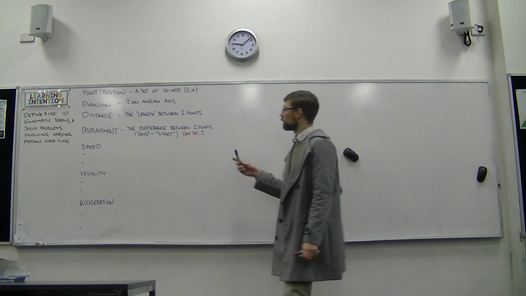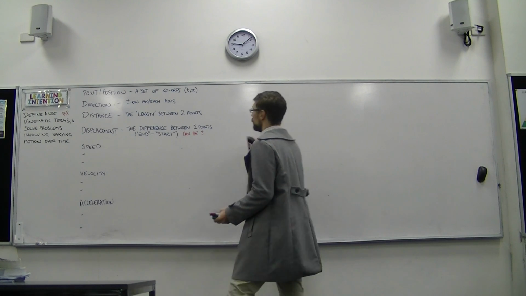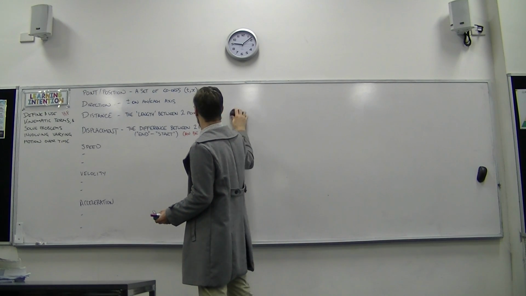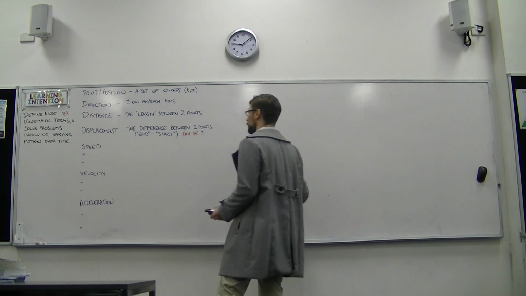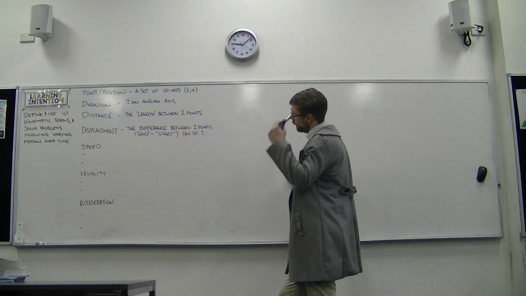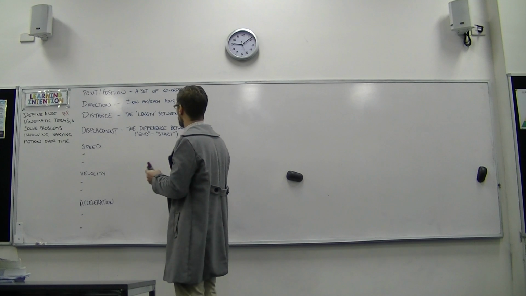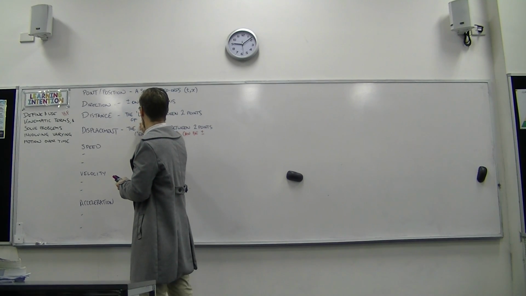Okay. Well, let's fiddle with this definition for a second. Length of the curve would be one way of writing it, but let's try and make this a bit better.